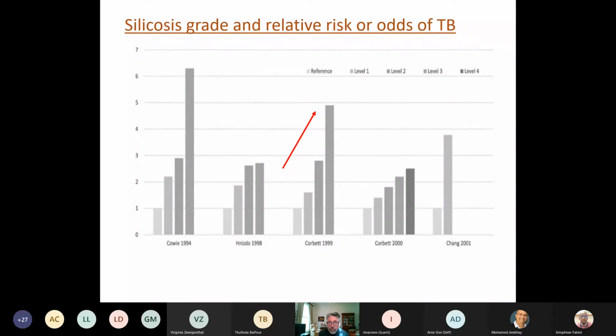I've used levels 1, 2, 3, and 4. What you see here is a consistent monotonic relationship, in other words an increase with every increment, between the grade of silicosis and tuberculosis. 4 of these studies are South African, and 1 is from Hong Kong.